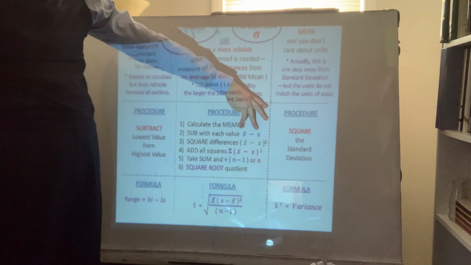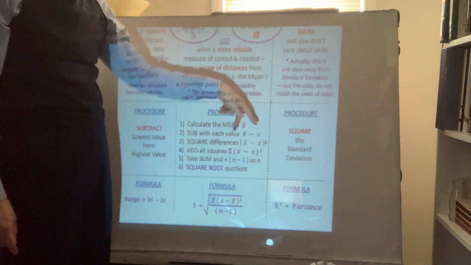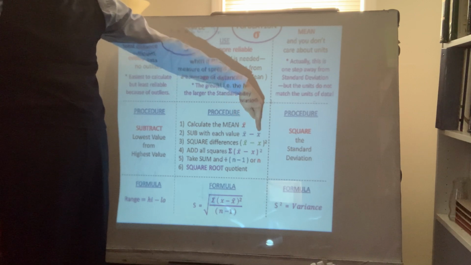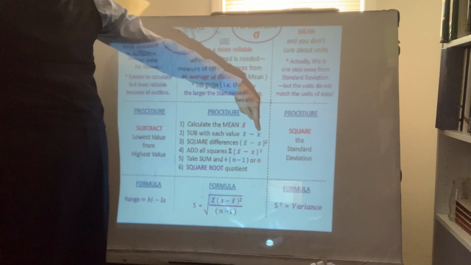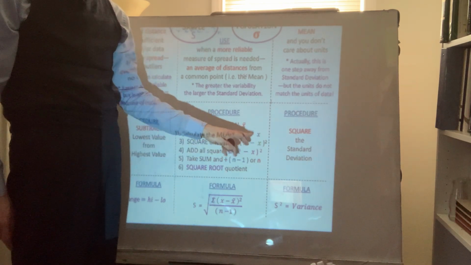This will produce a positive or a negative, depending upon the arrangement of these two figures. That's x bar, the mean. This is regular x, a regular value. In a formula, notice the way that it's written. I probably should have done it the other way myself.